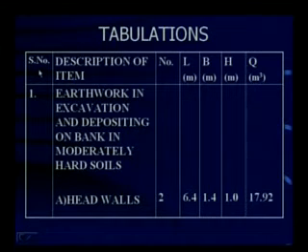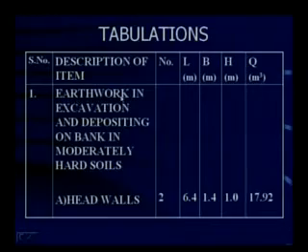This is a serial number which accommodates the number of each item. The second column is the description of item, because we have a number of items in an estimate, like earthwork, construction of brick masonry, fixing the pipe in position, plastering, and so on. So these items are described in the second column.